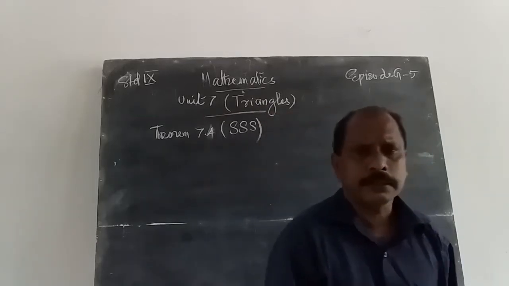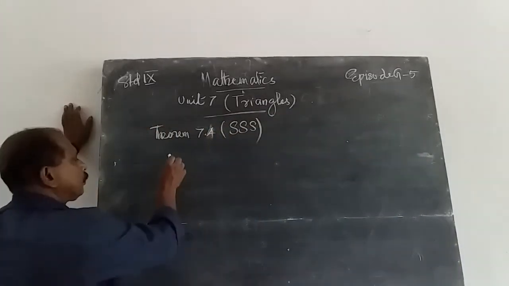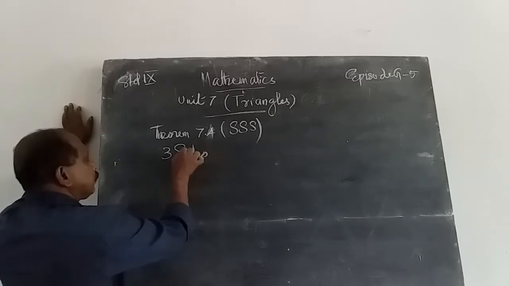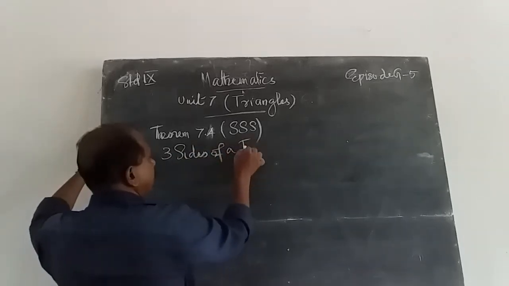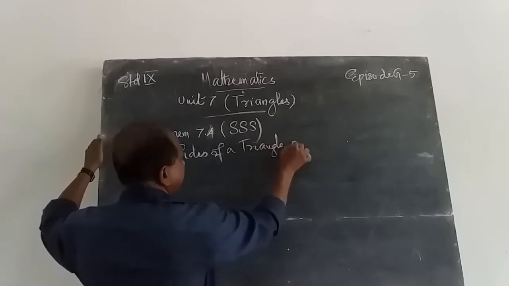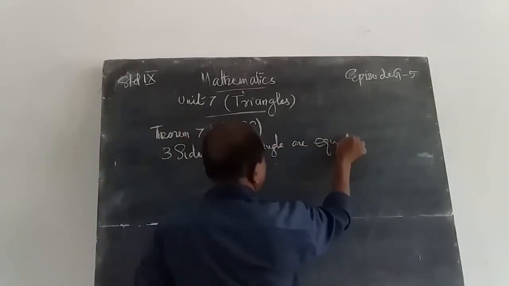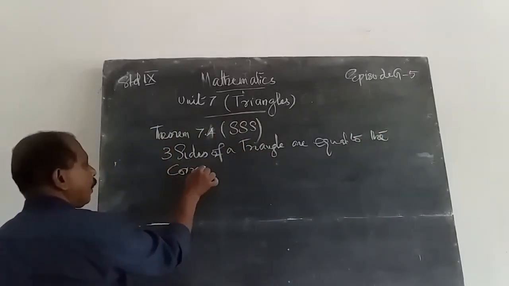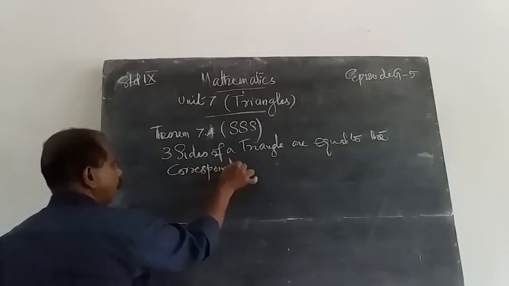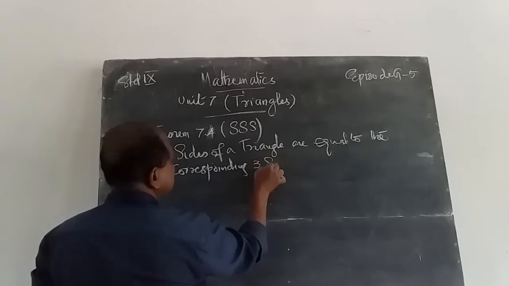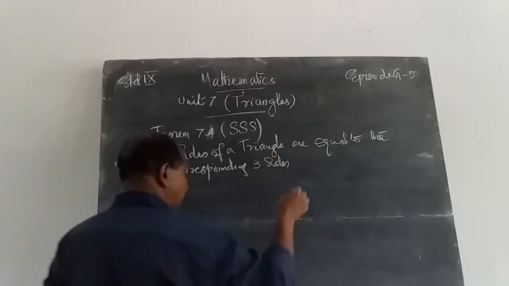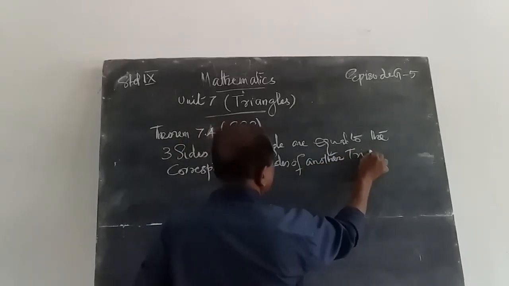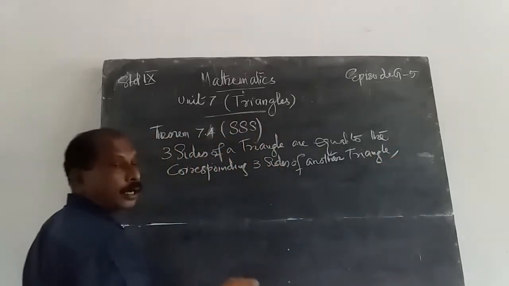That means side, side, side. The statement of that one is: three sides of a triangle are equal to the corresponding three sides of another triangle, they are congruent.